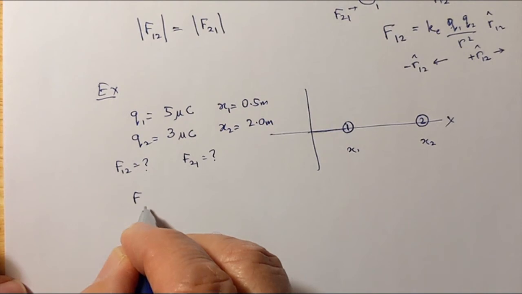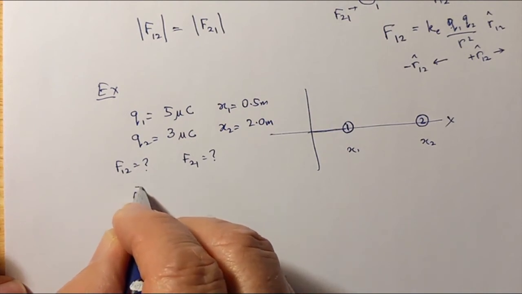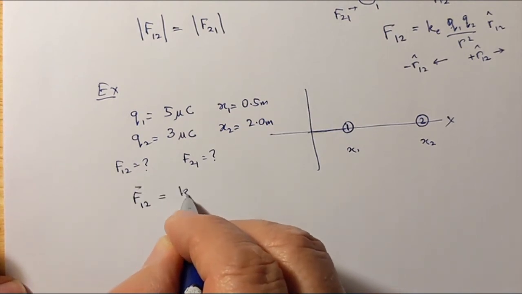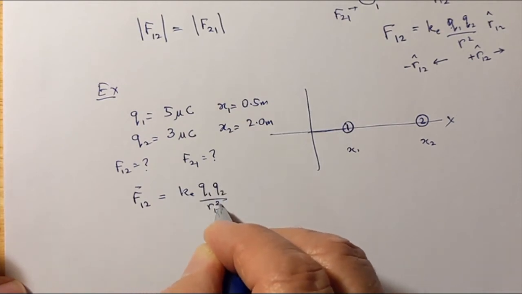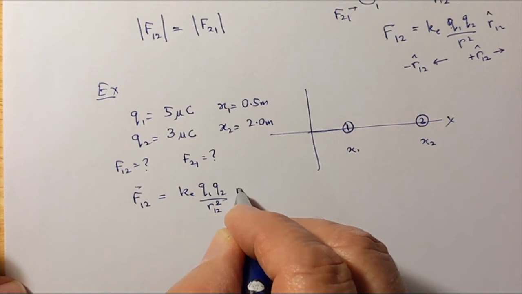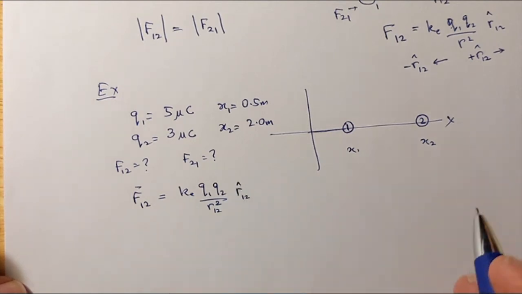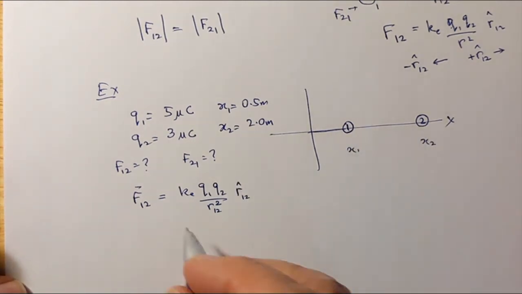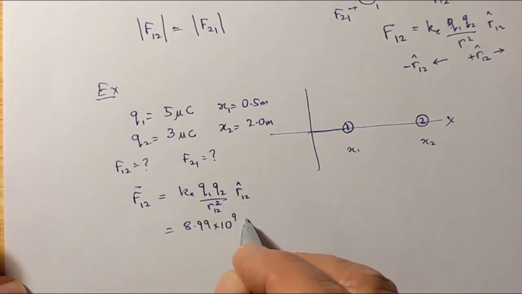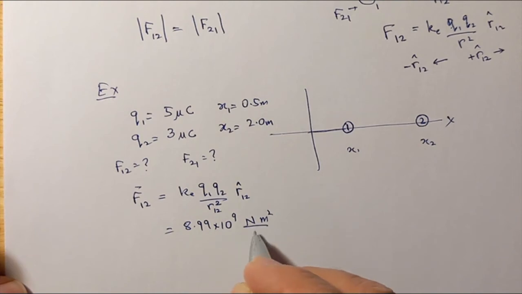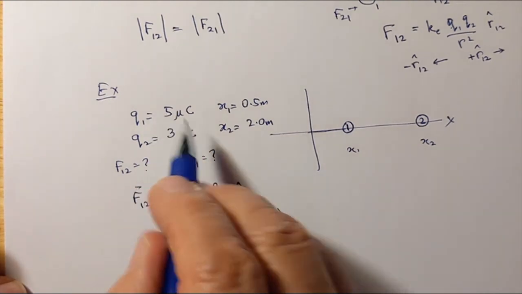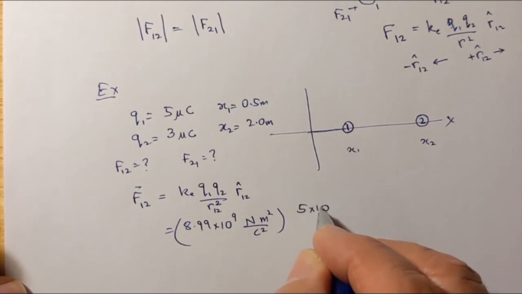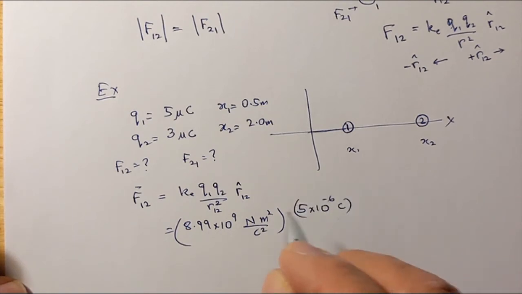So now the force on 2 is going to be K Q1 Q2 over R12 square, and the unit vector from 1 to 2. Now this is going to be 8.99 into 10 to the power 9 newton meter square per coulomb square. That will be the K. The Q1 is going to be 5 into 10 to the power minus 6 coulomb.